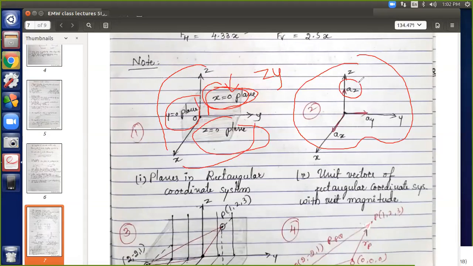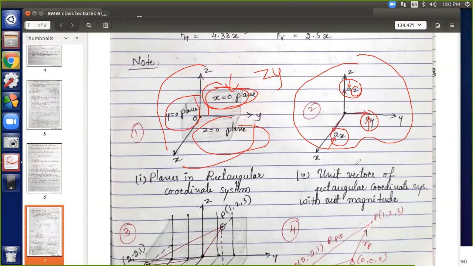This represents a_z: a indicates a unit vector, and z is the suffix indicating the Z direction, the unit vector a along the direction of Z. Similarly, a_y represents the unit vector a in the Y direction, and a_x represents the unit vector a in the X direction.